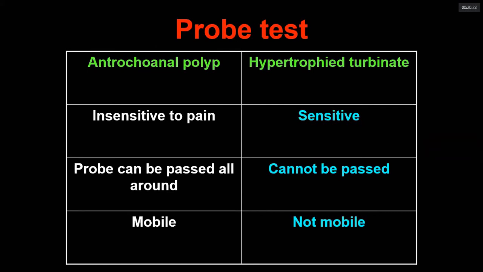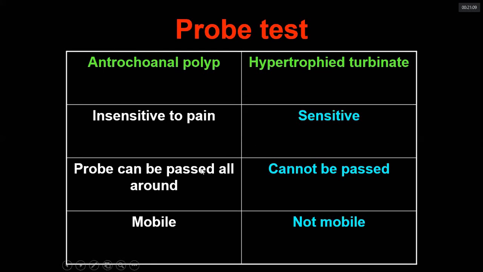But there are many patients sent to the OPD with hypertrophic turbinate who have been told that it is a mass that requires operation, and it becomes very difficult for us to counsel the patient that this is not a pathological mass and does not need treatment. Whenever you are in the periphery, do not counsel the patient for an operation. They tend to believe their local practitioners a lot, so it becomes a difficult task to make them understand. An AC polyp is insensitive to pain, but a turbinate is sensitive to pain.